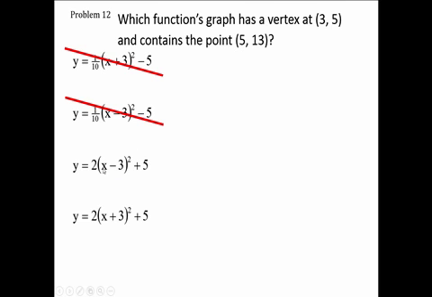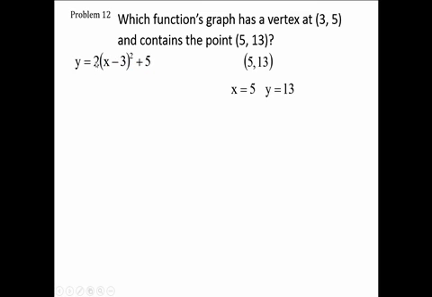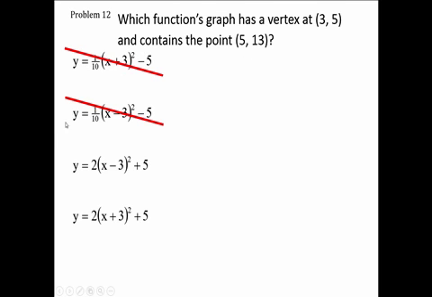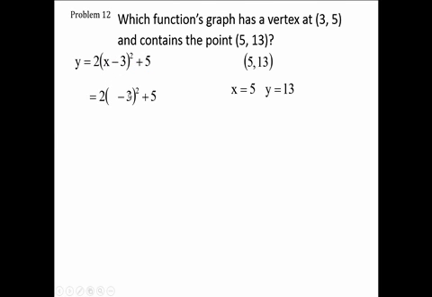Notice your a is 2 here. Up here it was 1/10. Here we have a is 2. It was a times (x minus h) squared plus k, where you have a 2 here, not a 1/10 like these are. So anyway, plug in 13 for y and put 5 in right here.